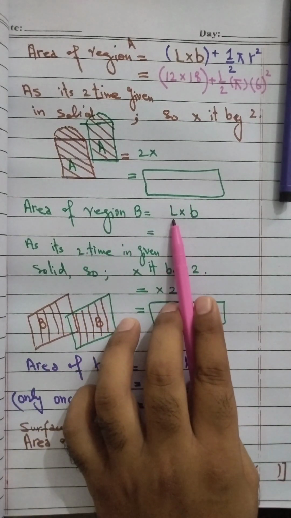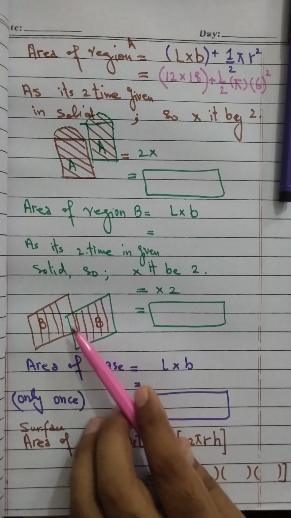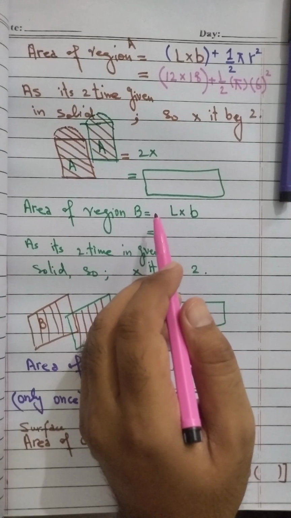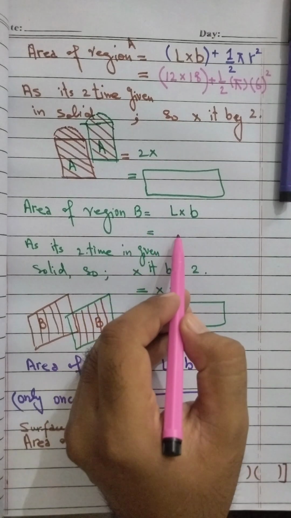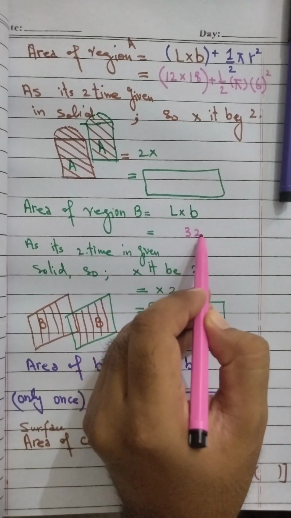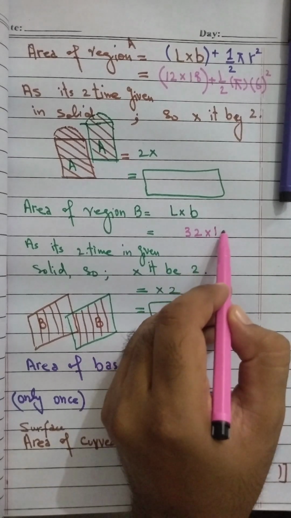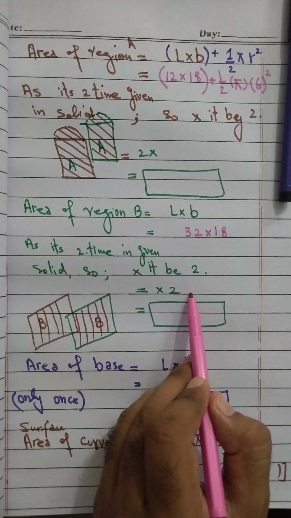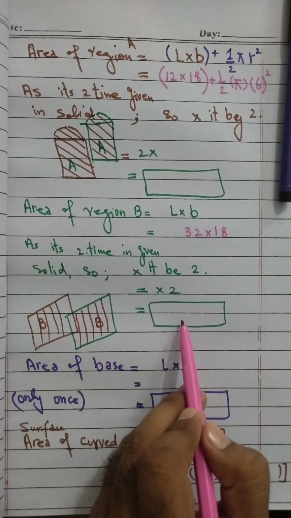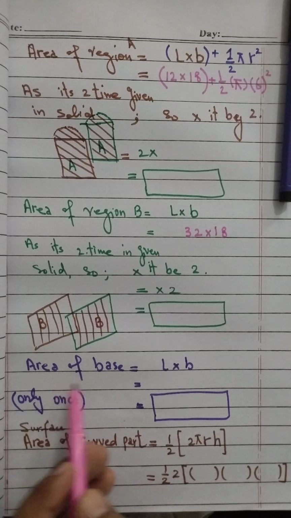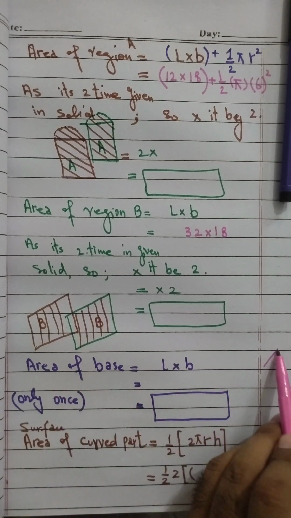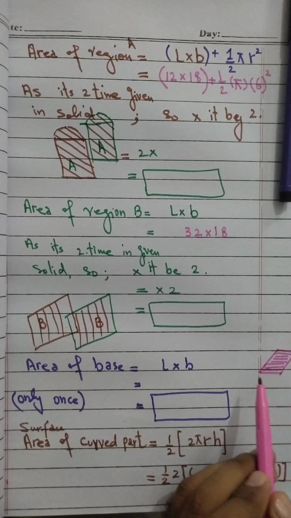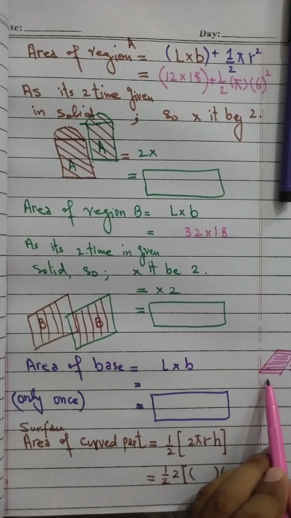Now move to the region B, which is totally rectangular, so it was easy for us to find. We will write it here: 32 multiplied by 18, and as it was 2 times, we will multiply this answer by 2. We got the area of this region. When we talk about the base region, it was like this and it was only once.